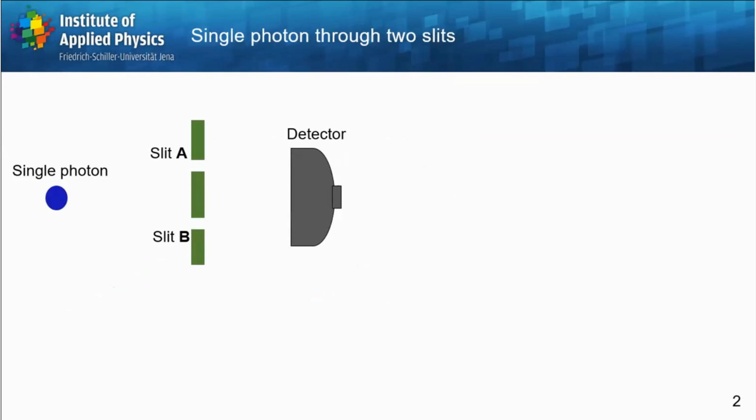Remember the basic experiment to start this explanation. You have a single photon and you have a double slit in front of it, slit A and slit B. And after that, you have a detector. So from this very simple experiment, what can you expect? The first thing is that in the detection, I'm going to see just one photon.